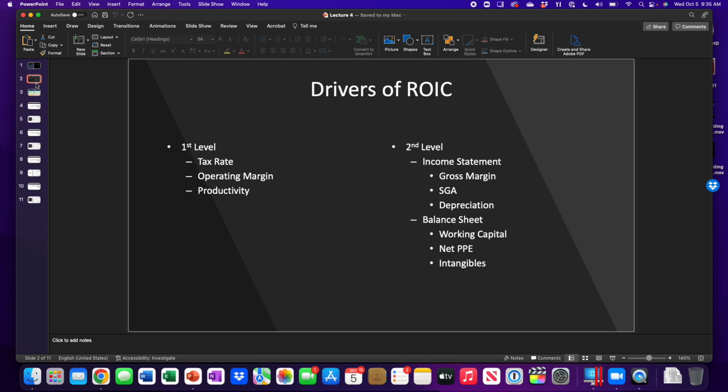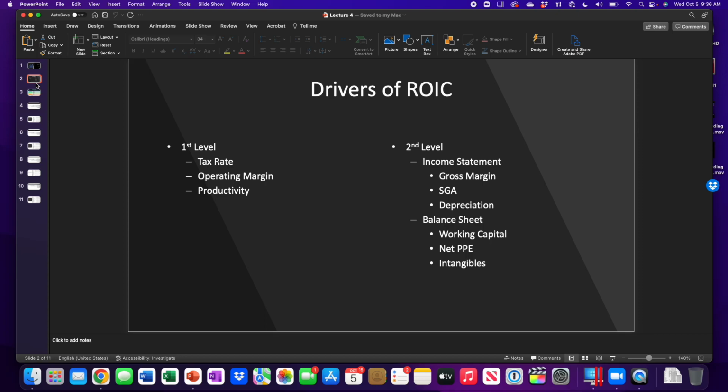which we are going to analyze. Right? Now, when we analyze the drivers of return on invested capital, we're going to look at two levels of analysis. You have to cover all of that in your write-ups and in your presentations, right? So the first level of the ROIC drivers basically explain ROIC, and more importantly, explain the changes in ROIC over time. There are three.